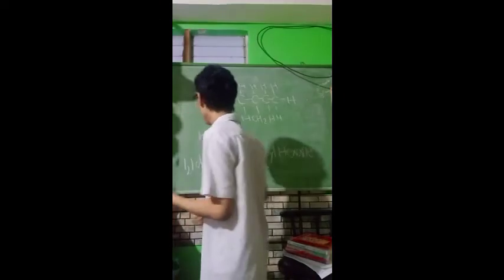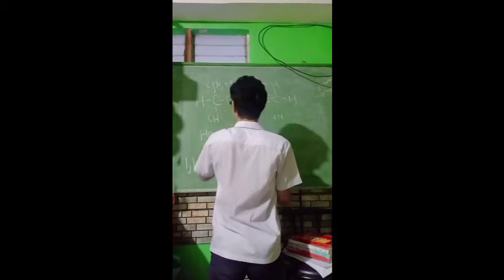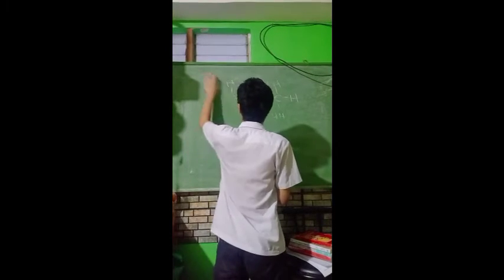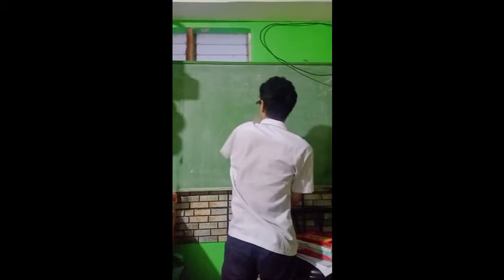Now let us move on to writing branched chain alkanes in Kekulé, condensed, and line angle form.